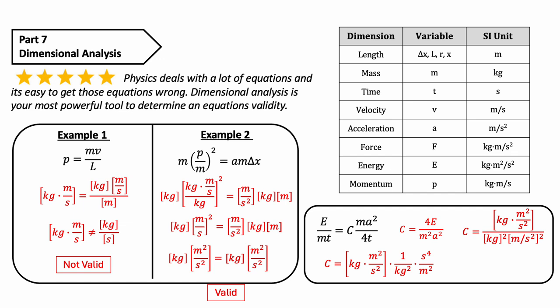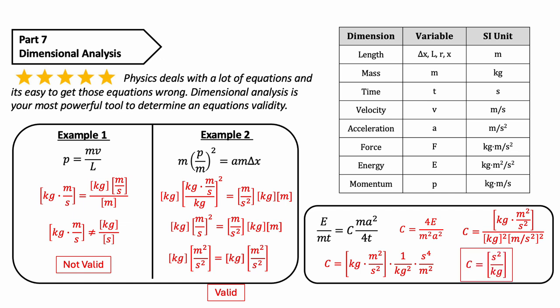And now we can just multiply right across. So the property of fraction multiplication: just multiply the numerators all together and multiply all of those denominators together. So what that's going to give me in my final numerator is kilograms times meters squared times seconds to the 4th power. And in my denominator, that's going to be seconds squared times kilograms squared times meters squared.